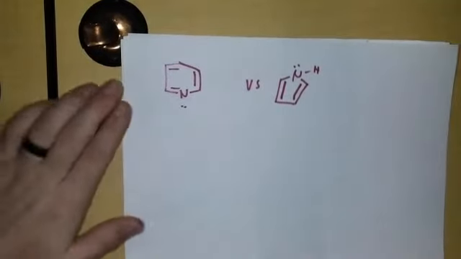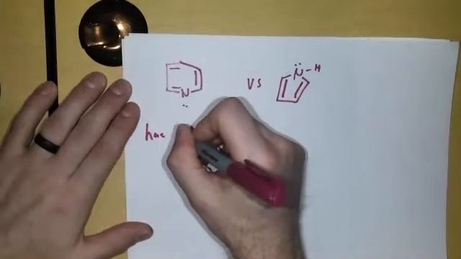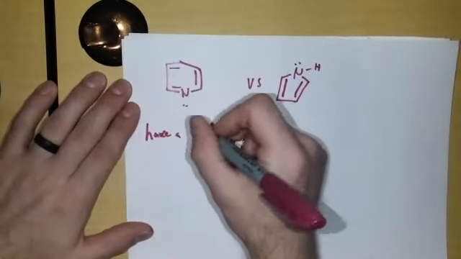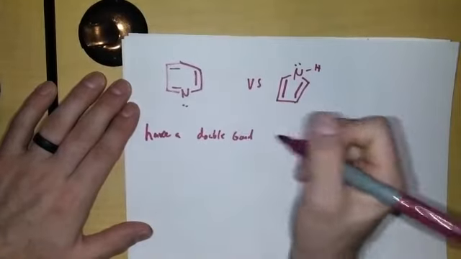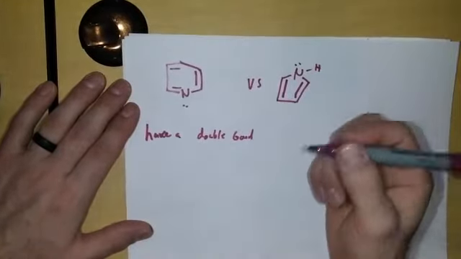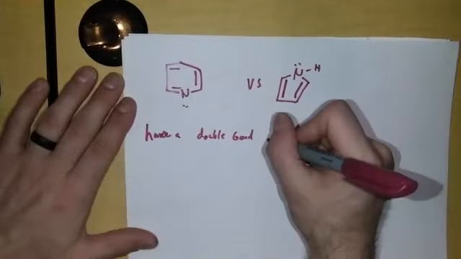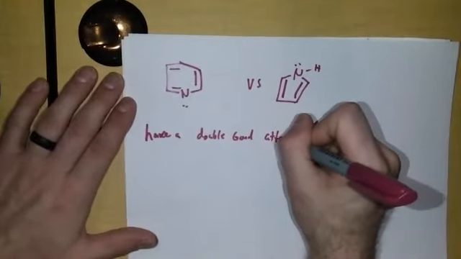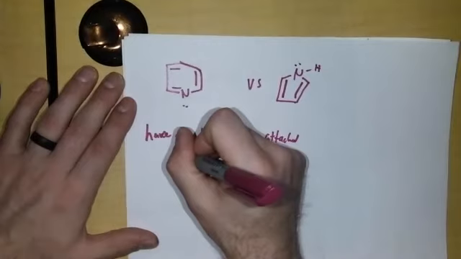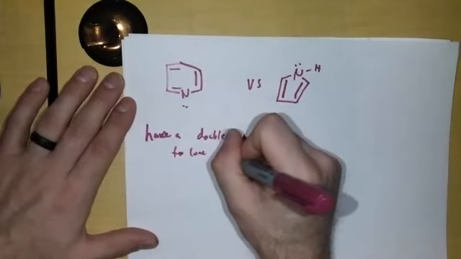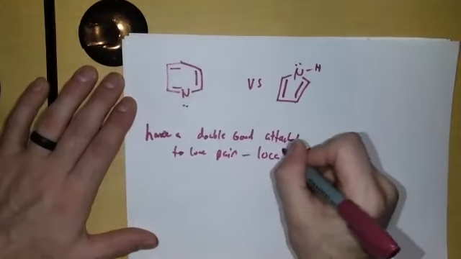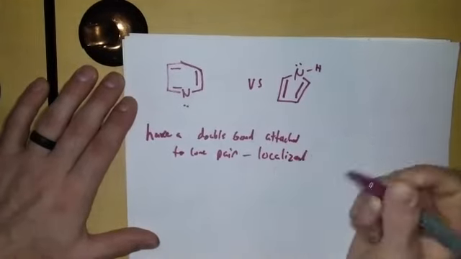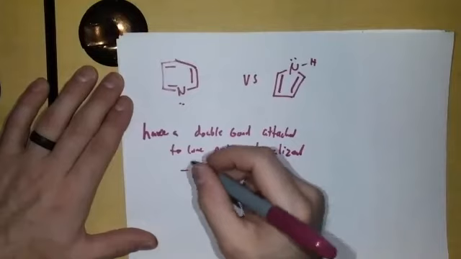So if you have a double bond attached to your lone pair, they're going to be localized, which means we're not going to count them for aromaticity.